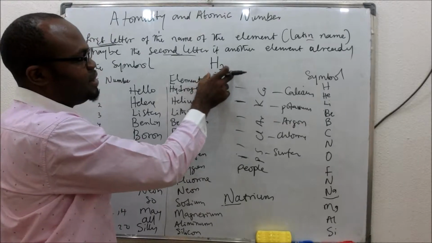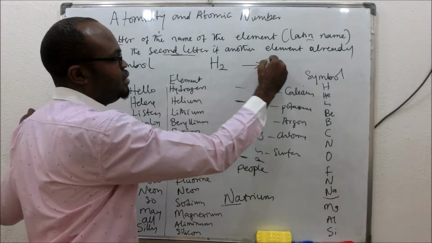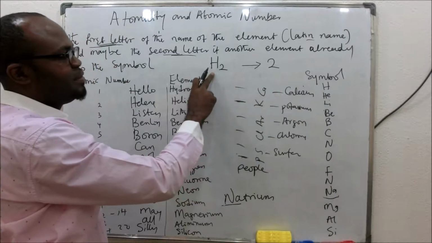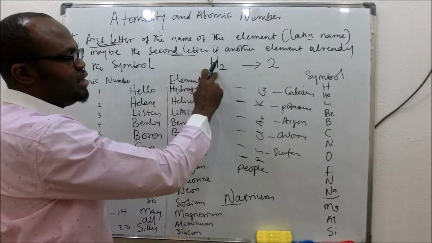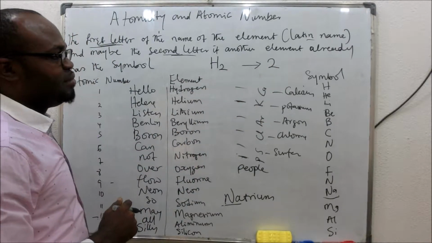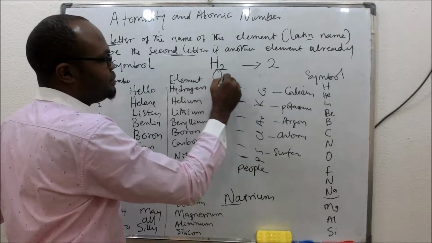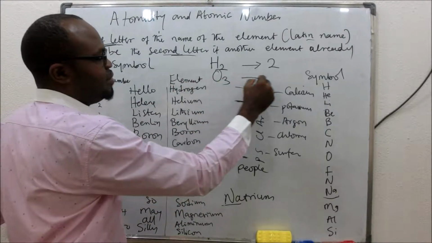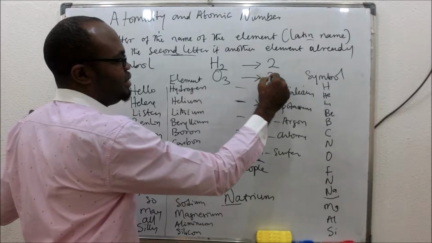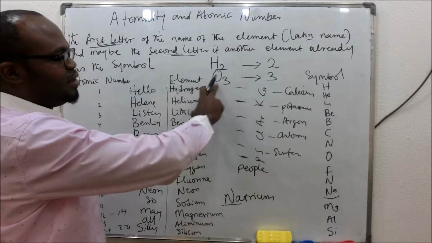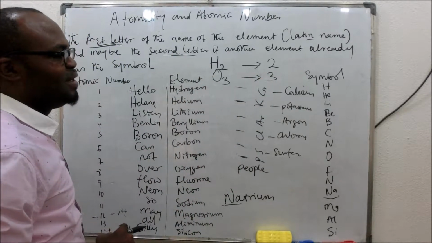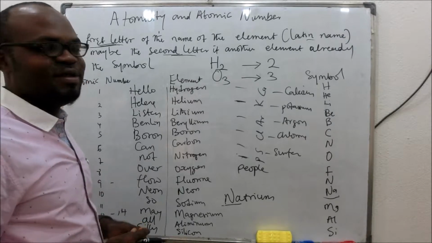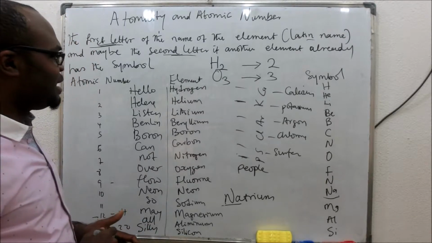So what is the atomicity of this? The atomicity is actually 2, because there are 2 atoms of hydrogen in this very molecule. If you have ozone, O3, the atomicity is actually 3, because there are 3 atoms of oxygen in ozone. So that is what atomicity is.